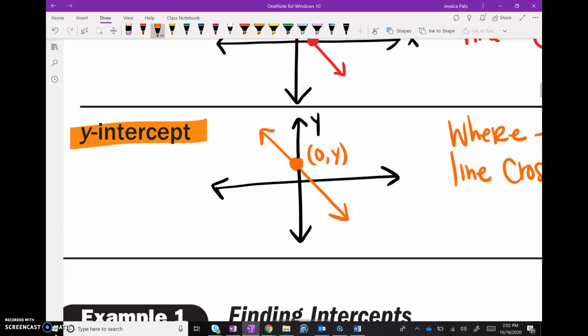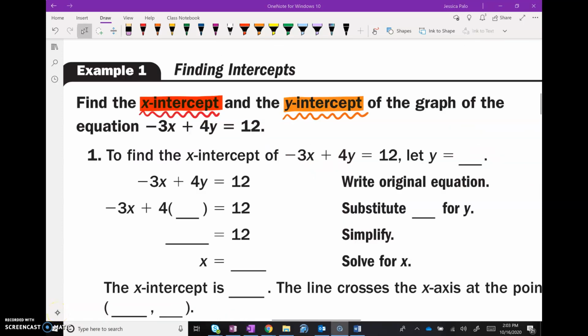You can also find the x and y intercepts using algebra. In example 1, we are asked to find the x and the y-intercept of the graph of this equation, negative 3x plus 4y equals 12. Let's start with the x-intercept. To find the x-intercept of this equation, we need to first make y equal 0.